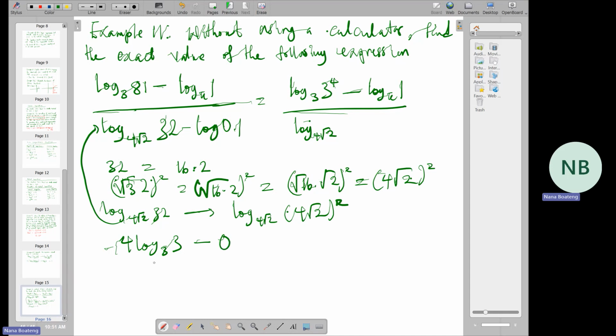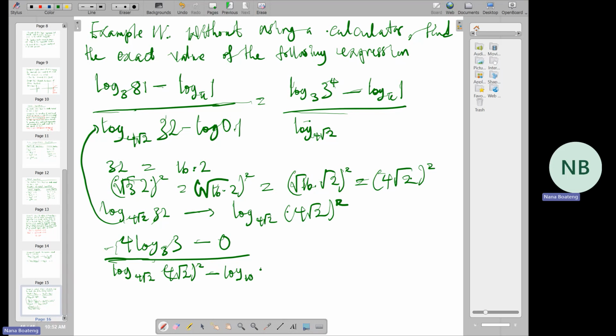So this is 0 divided by log to the base of 4 root 2 of 4 root 2 squared minus log of 0.1, which is the same as, when we don't write the base, it has a base of 10.